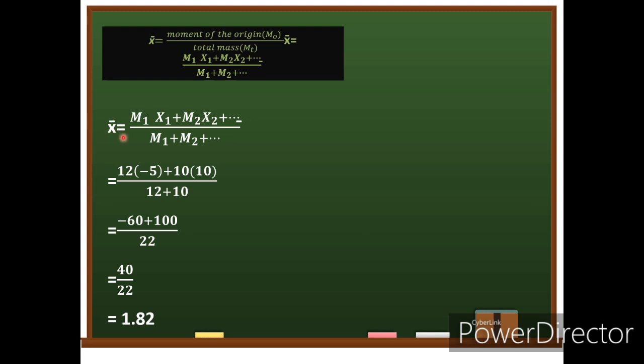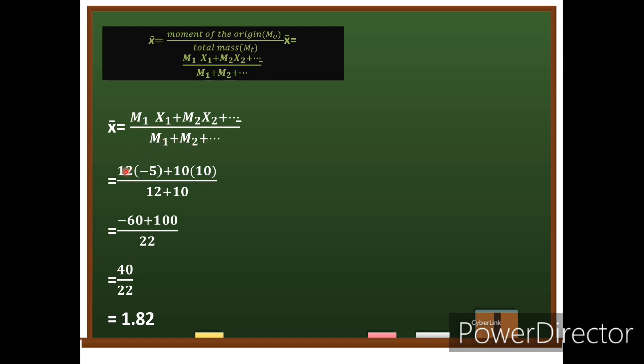So x bar is equal to m1 times x1 plus m2 times x2, and so on, over m1 plus m2.